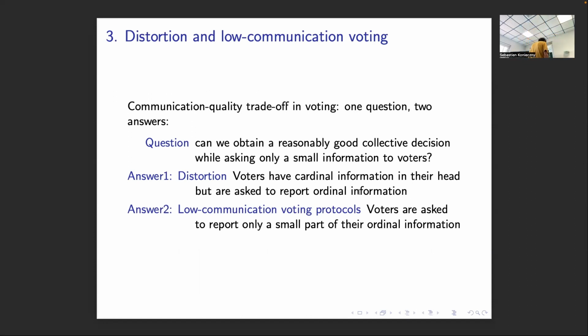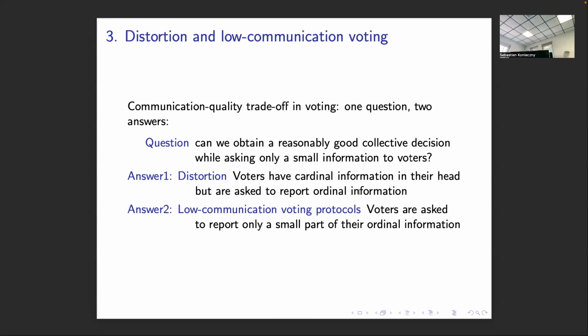Now, sometimes you have to give preferences about many alternatives. If you have to use a voting rule that needs you to rank all alternatives, some voters won't do it because it's too tiring, too time consuming.